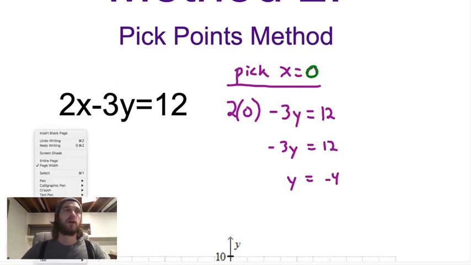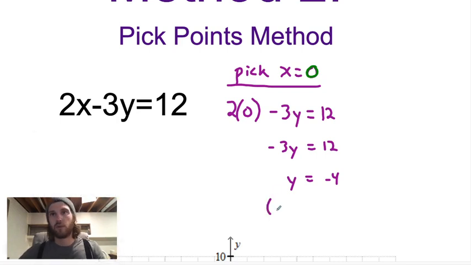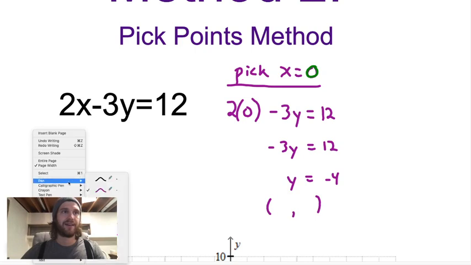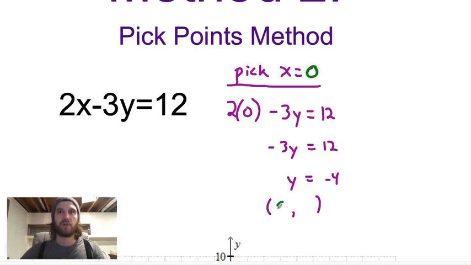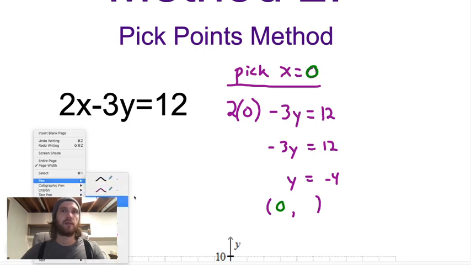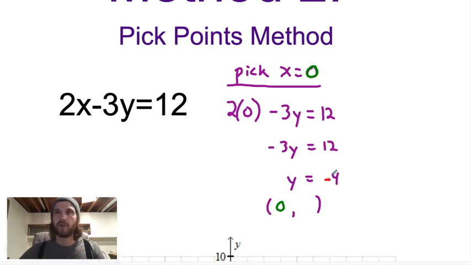Let me formulate our point here. We have a point, something, comma, something. We picked x equals 0, and the answer that we were given back was y equals negative 4.